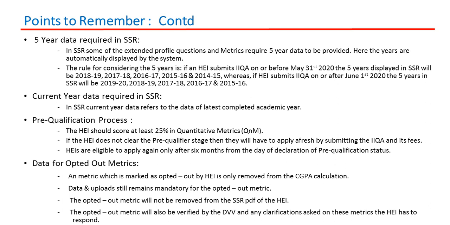Whereas if an institution submits IIQA on or after June 1st, 2020, the 5 years in SSR will be 2019-20, 18-19, 17-18, 16-17 and 15-16. So the deadline is May 31st and from June 1st onwards it takes the current year data, which is 2019-20.